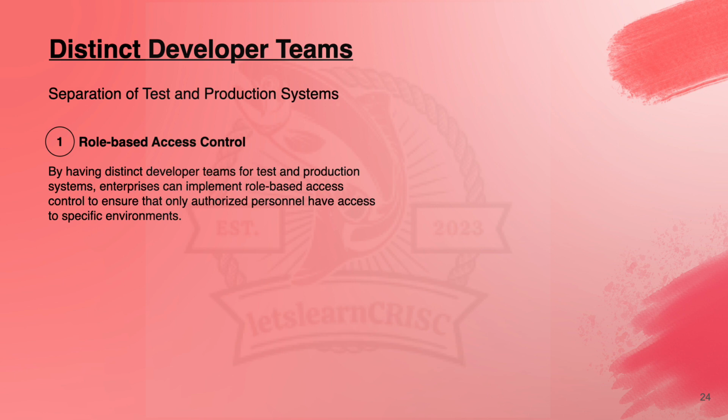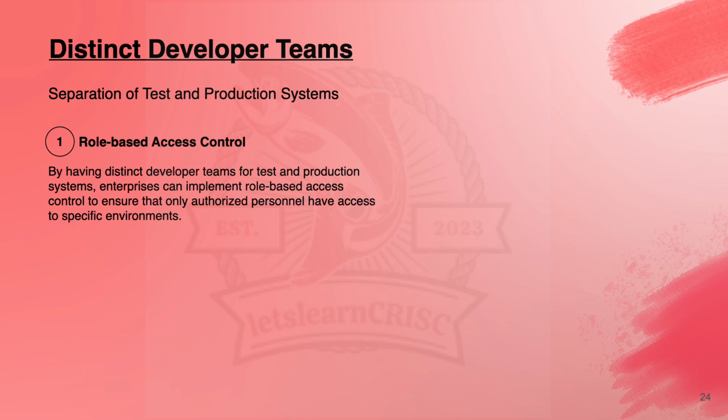So in the context of distinct developer teams for test and production systems, role-based access control ensures that only authorized personnel, based on their roles, have access to the specific environment, right? Just take an example: think of a building with different access levels. An employee's access card determines which areas they can enter, right?